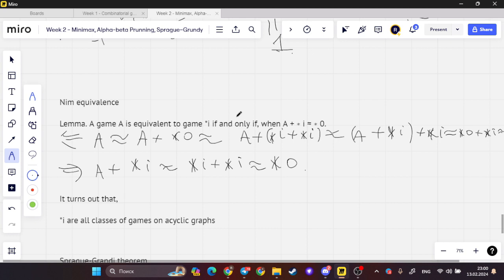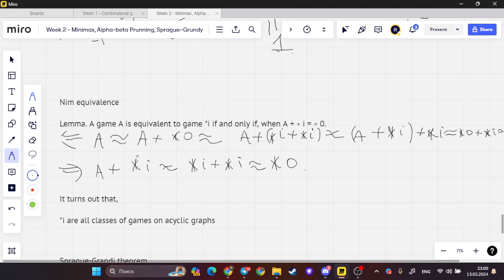Okay, next lemma that will help us to prove the general theorem. Game A is equivalent to game star E if and only if A plus star E is equivalent to star null.